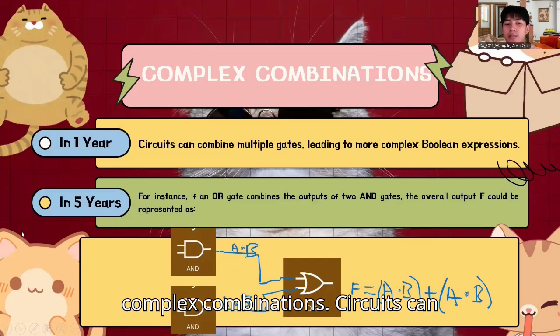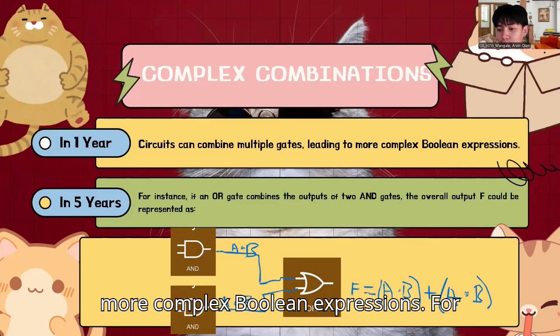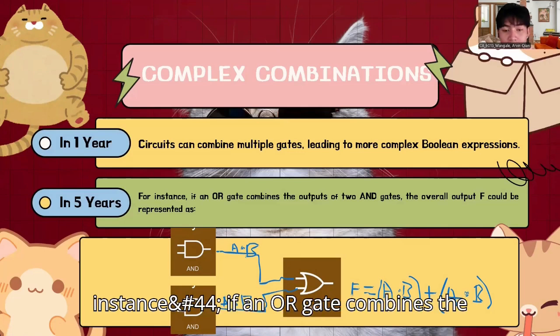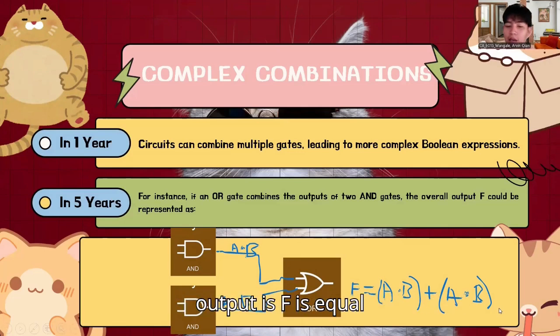Now, complex combinations. Circuits can combine multiple gates, leading to more complex Boolean expressions. For instance, if an OR gate combines the output of two AND gates, the overall output is F equal to A and B or A and B. I'm going to explain here real quick.